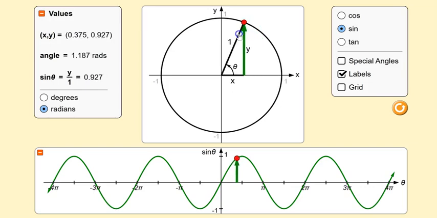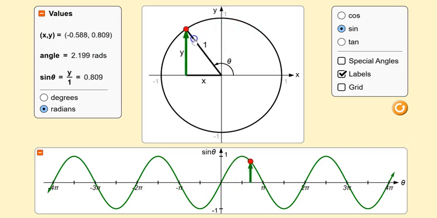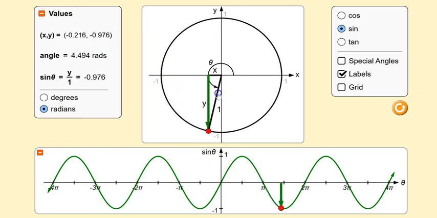Then you go up to 1 as you go to pi over 2. As you go to pi, it's down to 0 again, the midline. At 3 pi over 2, y is -1, so that's where it's at its minimum. And then at 2 pi, beginning the cycle all over again, it's back to 0.